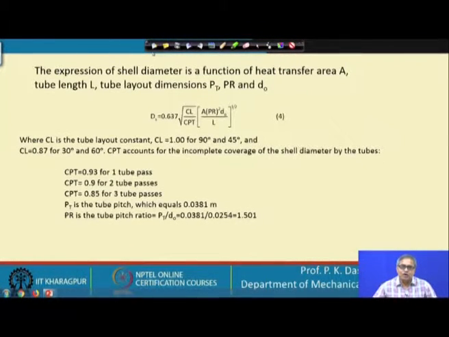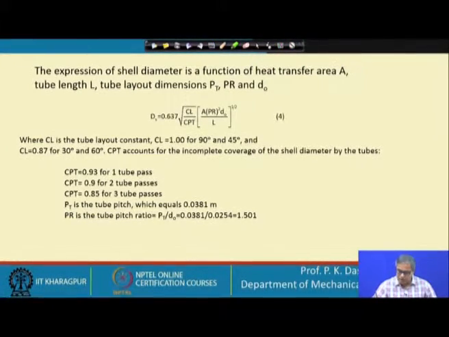Obviously, that is not very good, and if you make the tubes more sparse, then what will happen? Your shell diameter will increase, and the heat exchanger size will increase. So, one has to make a compromise. From experience and from handbooks, one can take some hints and then select the PT. So, all these things have been calculated.